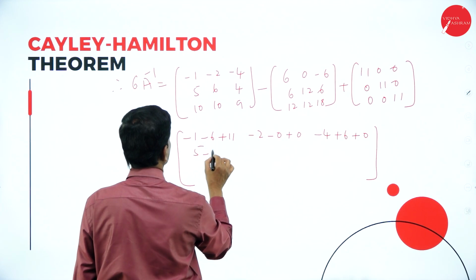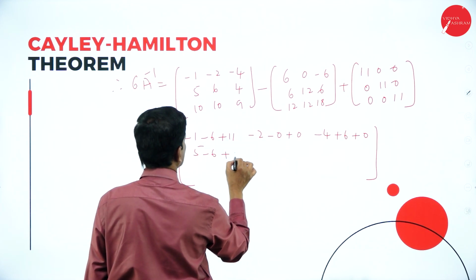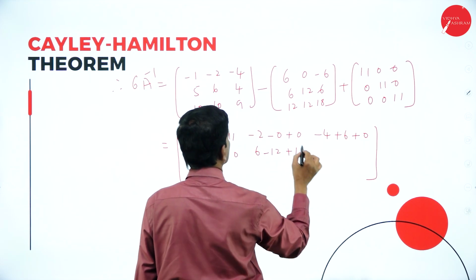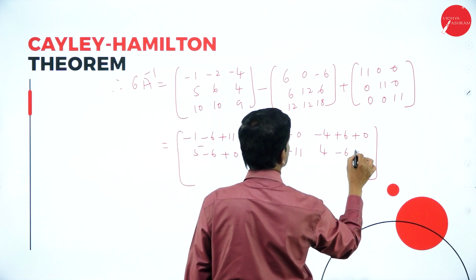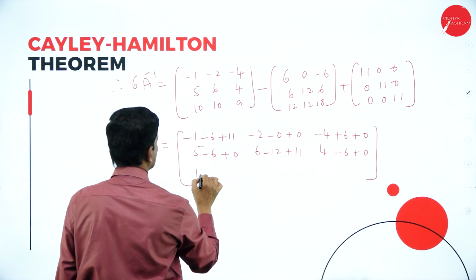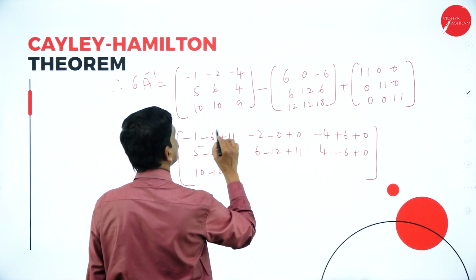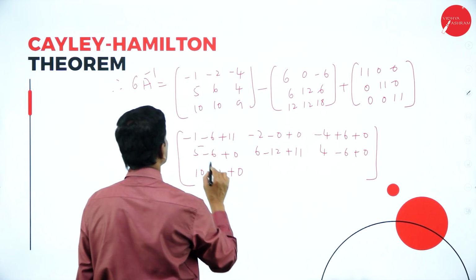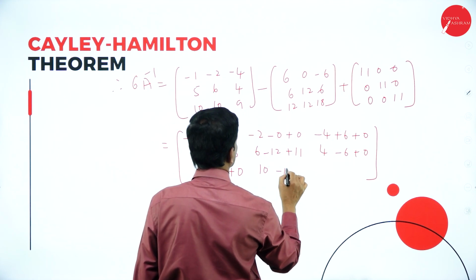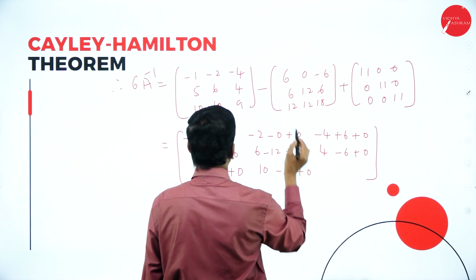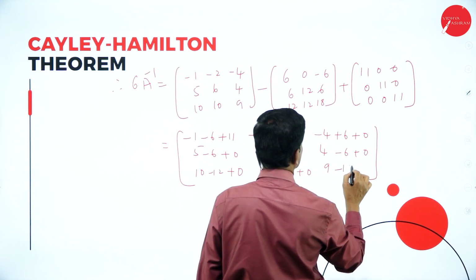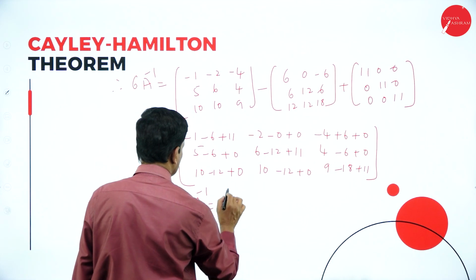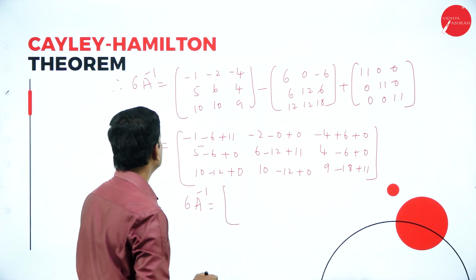Again this is 5 minus 6 plus 0, 6 minus 12 plus 11, 4 minus 6 plus 0, again 10 minus 12 plus 0, 10 minus 12 plus 0, 9 minus 18 plus 11. Simplify this. 6A inverse is equal to, what is this equal to?